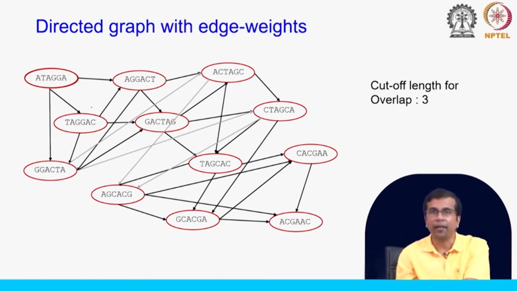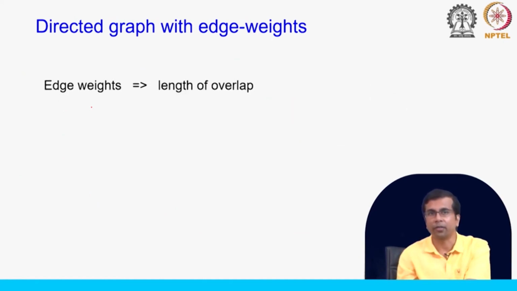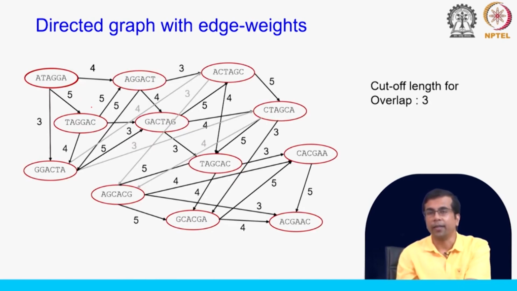We also add the edge weights to the graph. It is not just this directed graph, we also add edge weights. So, what are these edge weights? These are actually given as the length of overlap. We can add these numbers to this graph, showing how many bases are overlapping between these two reads.